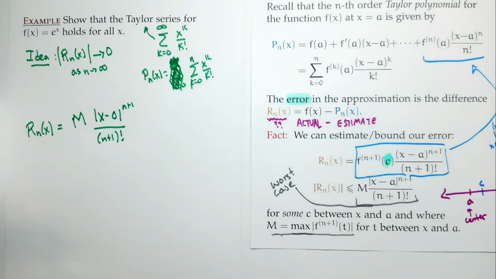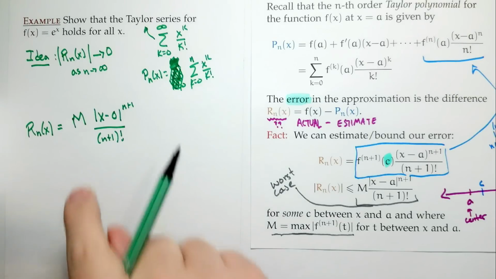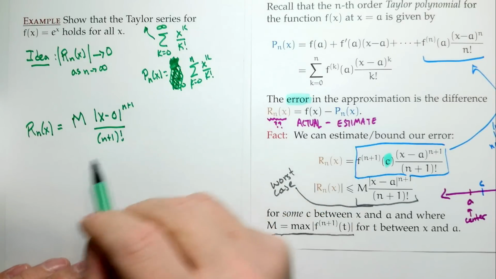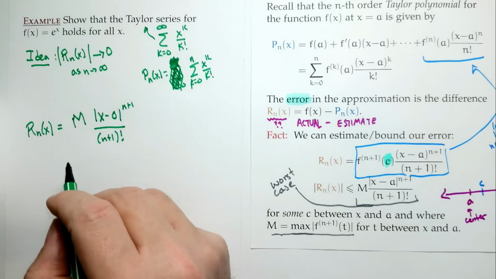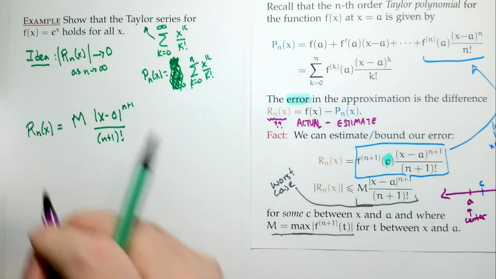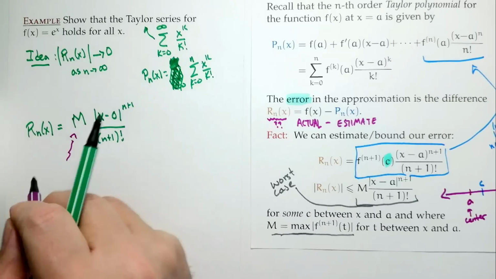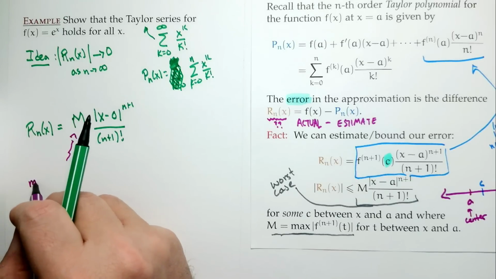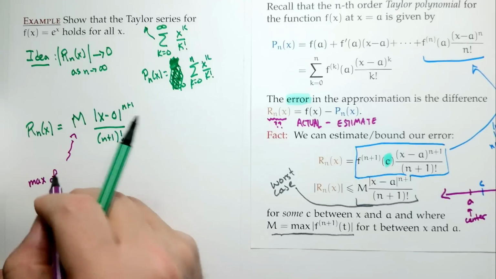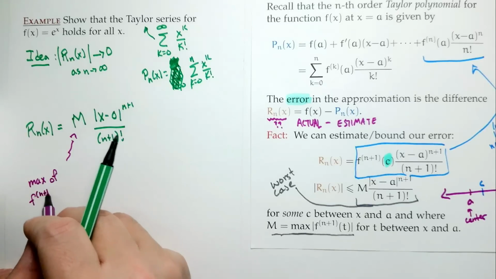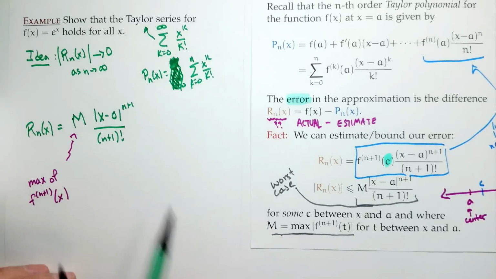This gives us an idea of how big our error can be. Now remember, how do you find M? Well, M is the max of the n plus 1th derivative.